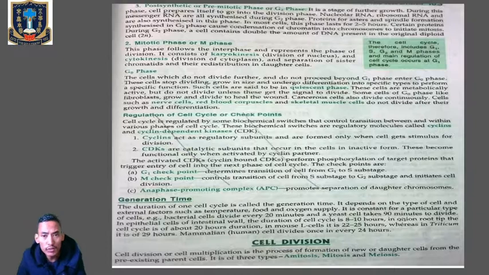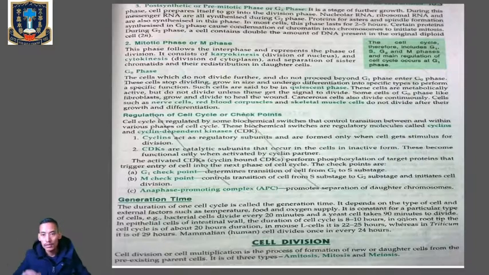During G2 phase there will be further growth of the cell. During this phase the cell prepares itself to go into the division phase. That means from the G2 phase the cell will grow in size and prepare itself to enter the mitosis phase, the cell division phase. Here the nucleolar RNA, ribosomal RNA, and messenger RNA are all synthesized, because we have three types of RNA: ribosomal RNA, messenger RNA, and transfer RNA.